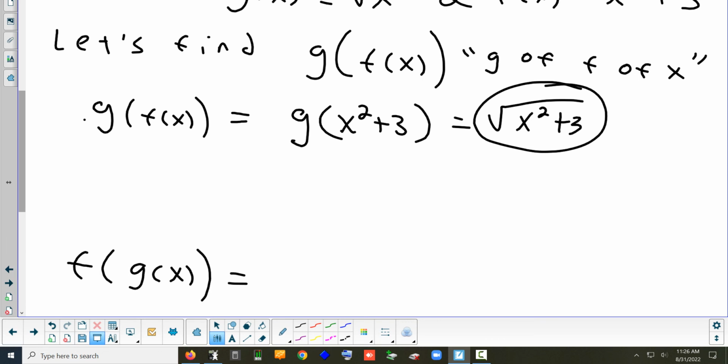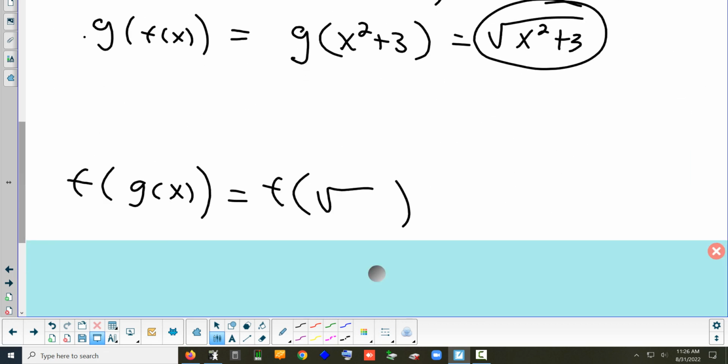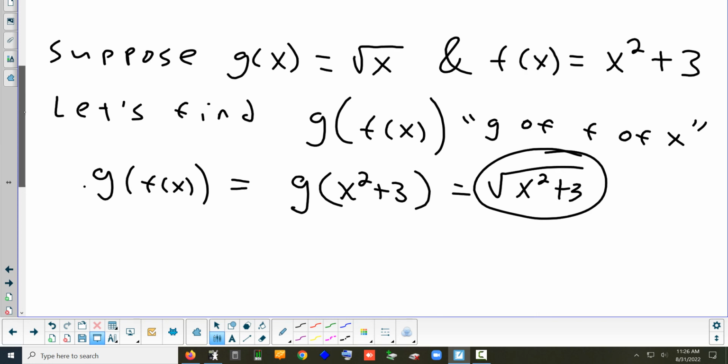Let's do it the other way. F of g of x. So in function f, you're going to replace it with g of x. What's my g of x? Square root of x. So look at the formula for f, and everywhere you see a variable in the f formula, replace that variable with square root of x.